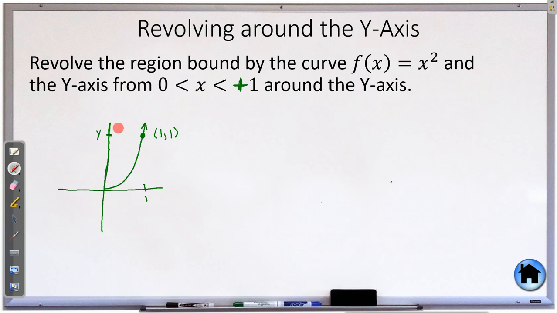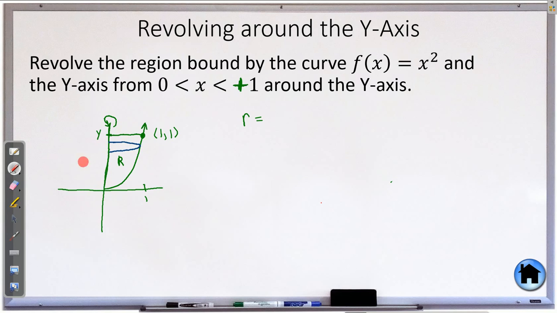All right, so that means this is our region here. And we are rotating that around the y-axis. So our question, as always, is what is the radius? So, because this is now my rotational axis, that is where the middle of the circle goes.